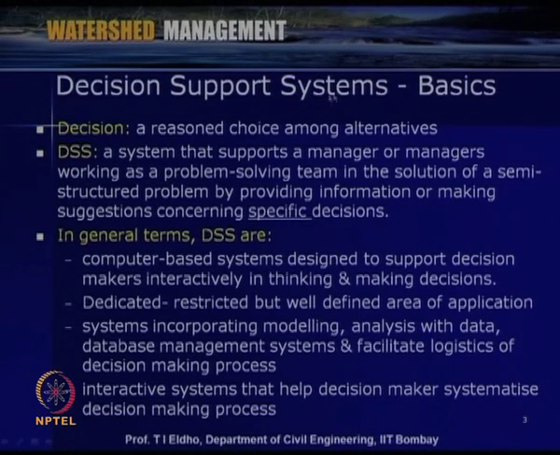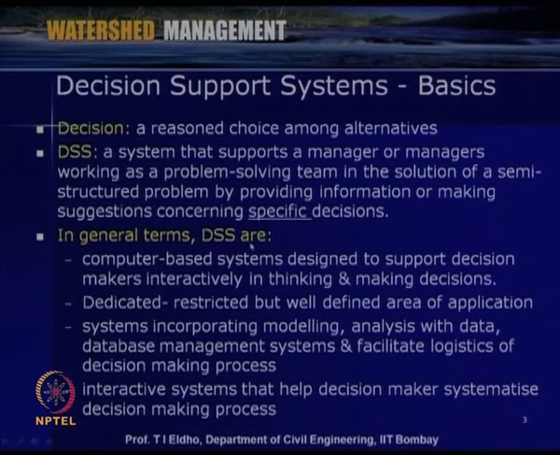And a decision support system or a DSS means a system that supports a manager or managers working as a problem solving team in the solution of a semi structured problem by providing information or making suggestions concerning specific decisions. As I mentioned, we can have different options or different scenarios.